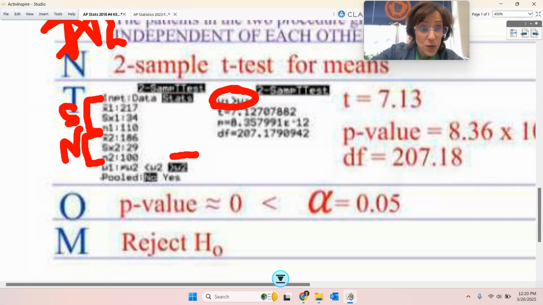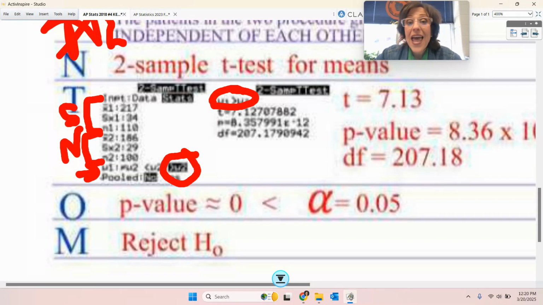So therefore, that's why I did this one. Is the first one greater than the second? Now, had I flip-flopped these numbers and I put new in first and then standard, then I would flip-flop that sign. So pay attention to which one you put in, and so you know the order that it needs to go.